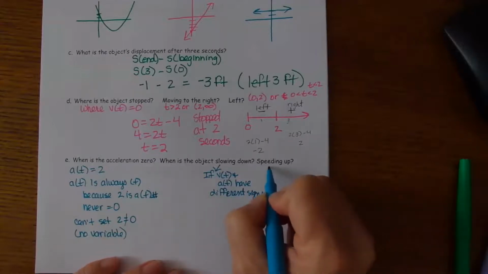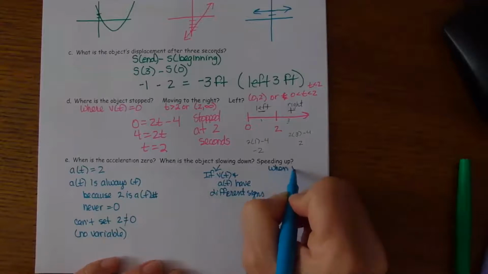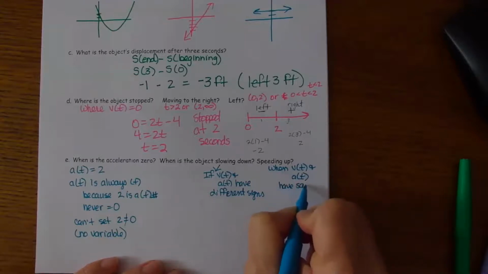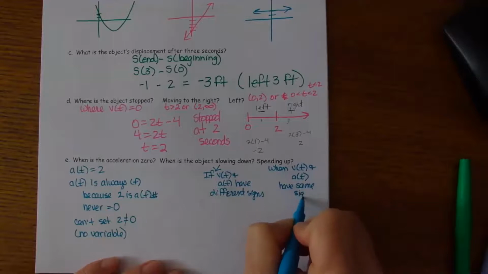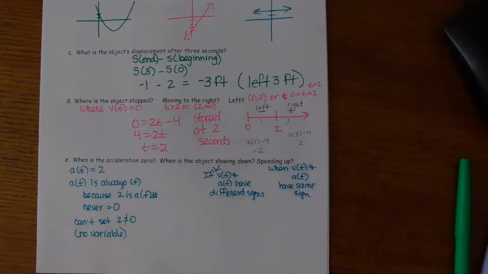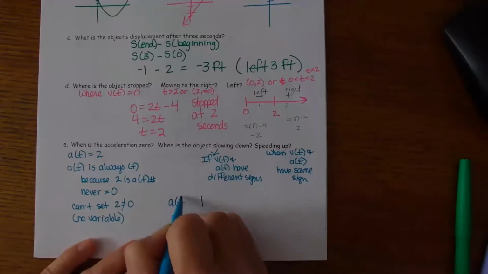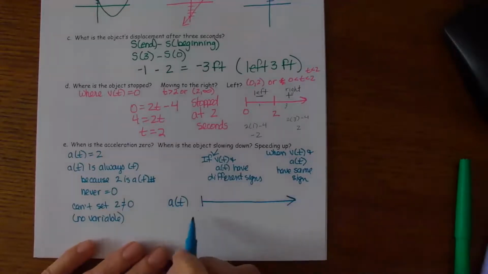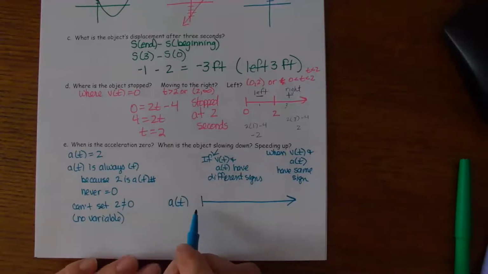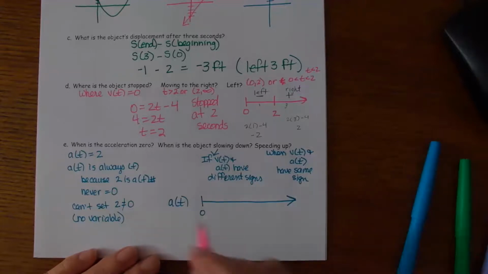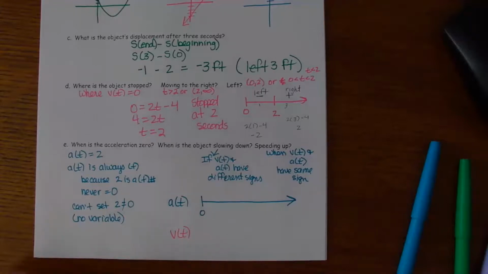It's speeding up when velocity and acceleration have the same sign. So you've got to do a sign chart for both of those. So I'm going to do acceleration. Again, I don't like to put an arrow on the left side because time never goes past 0, right? And I'm going to do velocity. Again, I like mine color coded. This pink keeps pulling me to velocity.